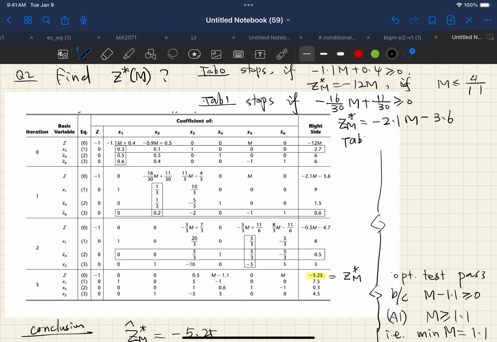Next, tableau 2 similarly stops if this one is greater than or equal to 0.